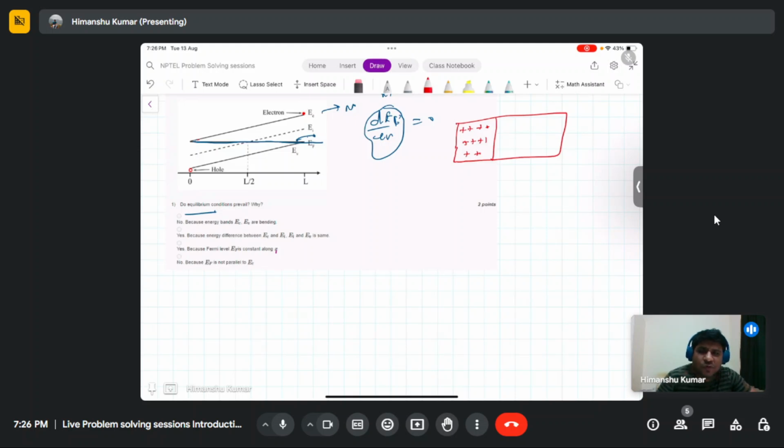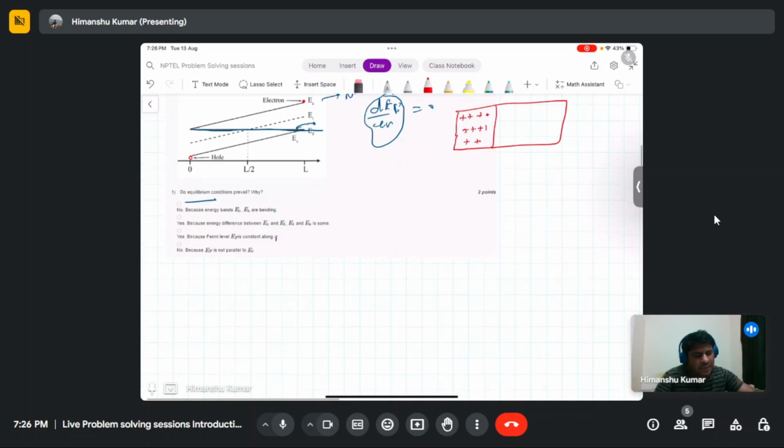If you remove electrons from the semiconductor, you will see only immobile charges in the field. The typical example of this is the space charge region in a PN junction. I am going a little bit further.